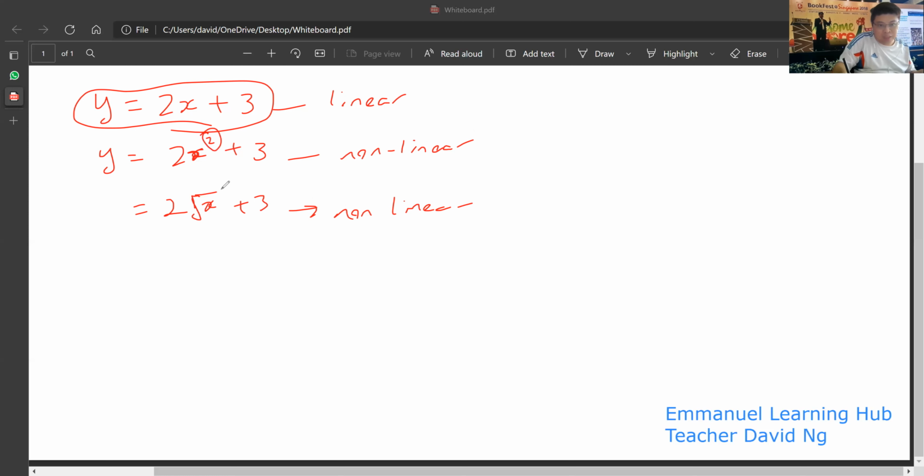You observe what the difference is. I purposely wrote 2 and 3. The difference is this one: linear, non-linear.